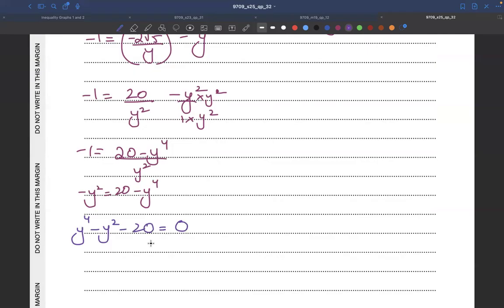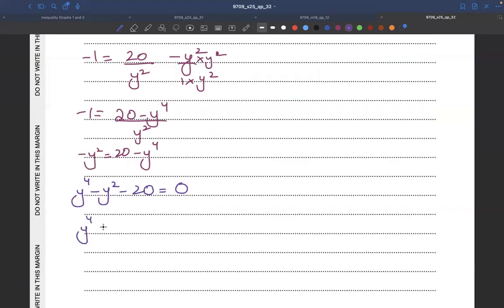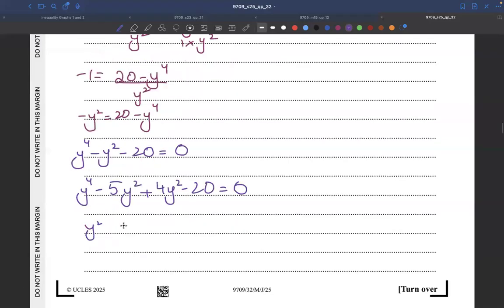We can solve it like a quadratic equation by middle term breaking. We can write it as y power 4 minus 5y square plus 4y square minus 20 equals 0. Taking y squared common, we'll get y square minus 5, plus taking 4 common, we'll get y square minus 5 equals 0.